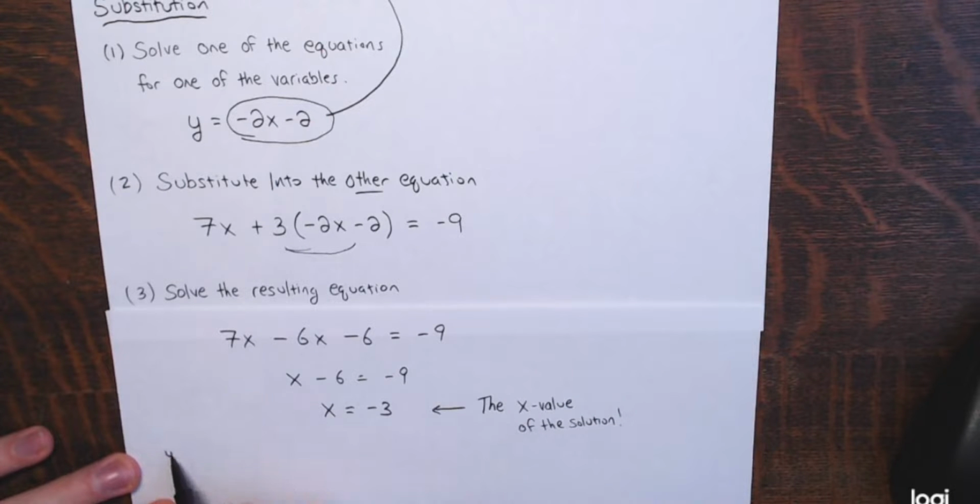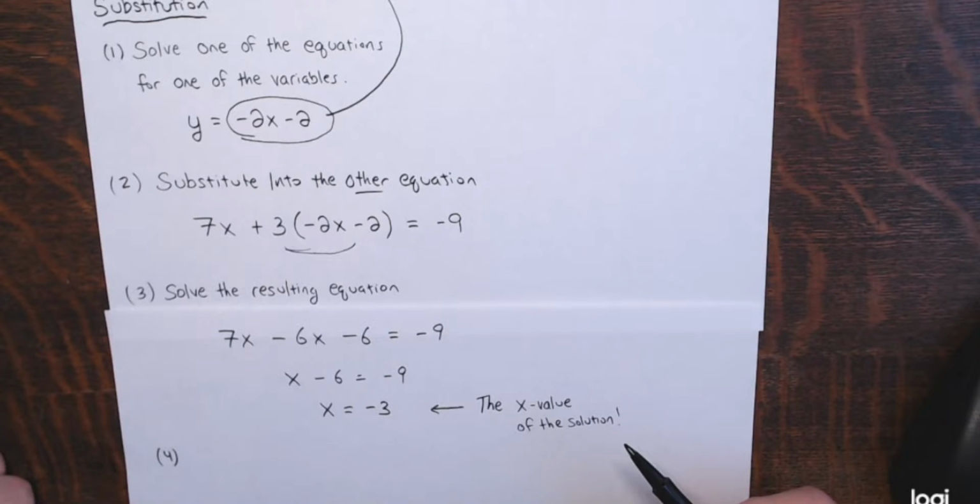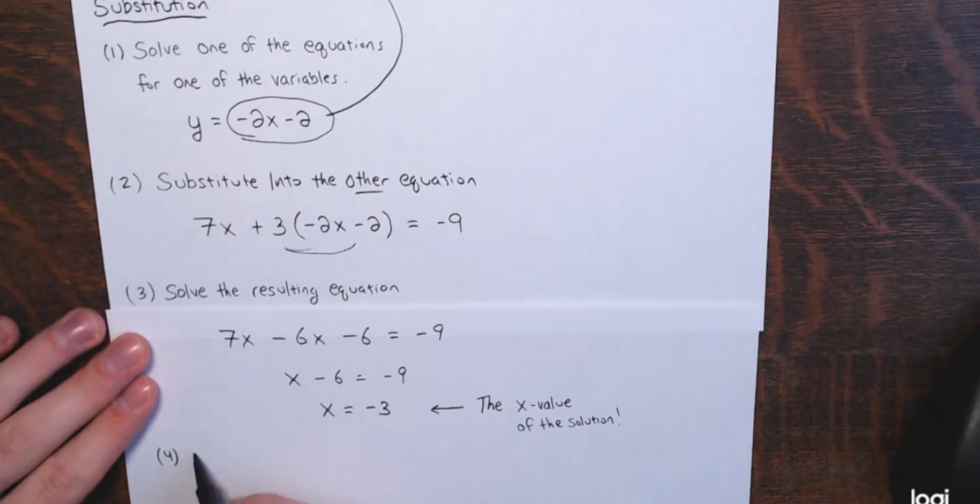Then, take this value and substitute it back into some equation with x and y and solve for y. So now I substitute this value into an equation with the other variable and solve.